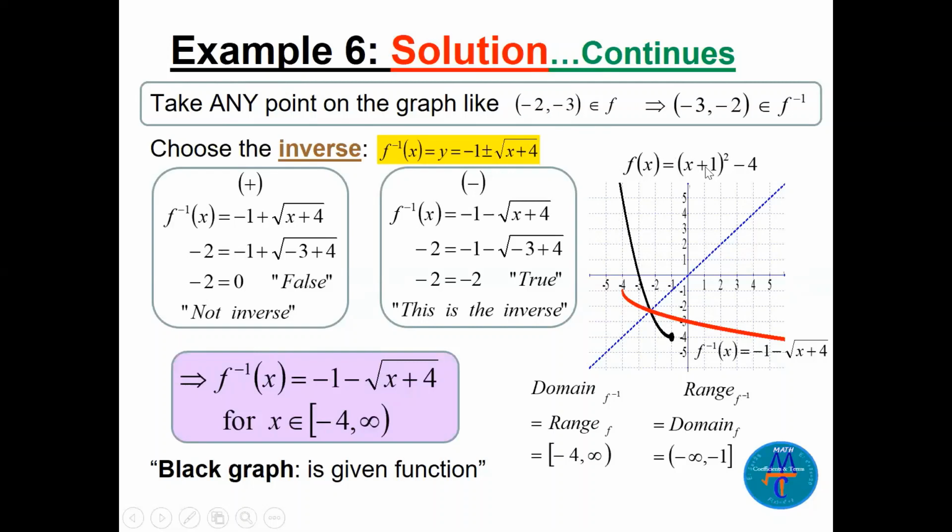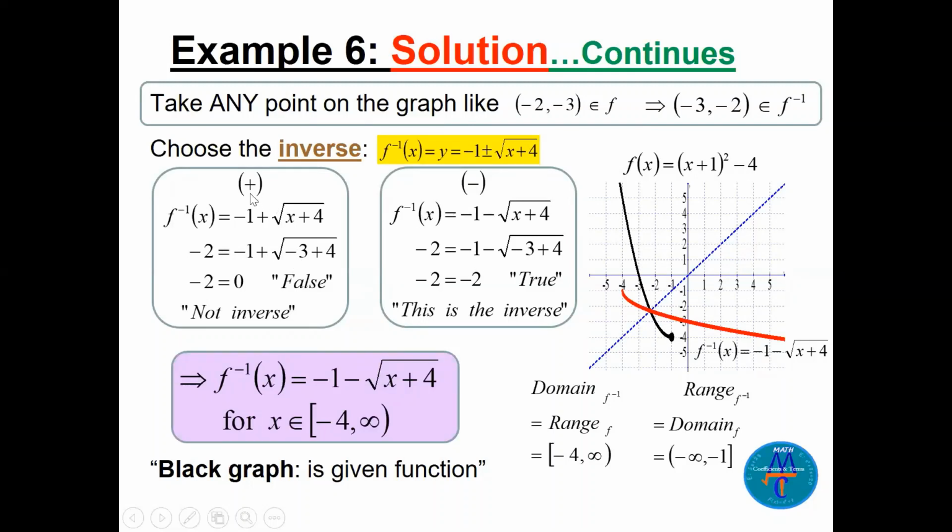See here, put -2, square it, so that's 1, minus 4, -3. Now interchange: -2, -3 in the f, -3, -2 in the inverse. It's a point on the inverse. So I can take the inverse in the positive and then the inverse in the negative and see which one is the inverse.